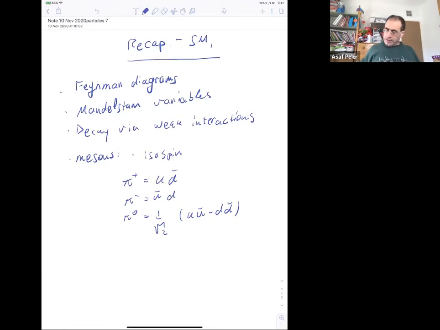And then I spoke about excited hadrons. You can think of the hadrons as a ground state of the quarks, but then there are higher states, which are not ground states. So higher spin, higher orbital angular momentum, not to be confused with the isospin, right? Higher radial excitation, and that gives us new particles such as the rho and the delta.